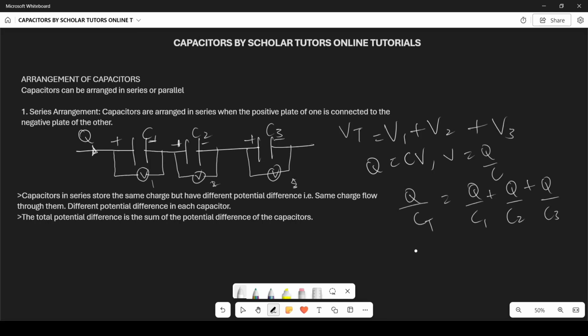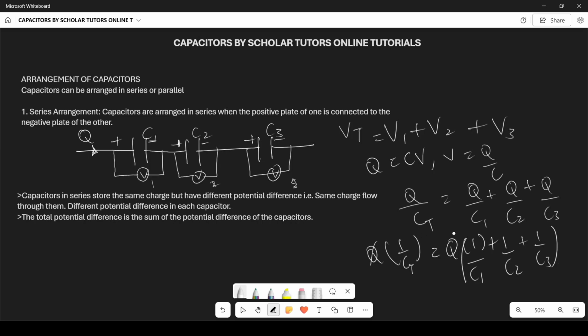If we decide to factorize this, we can say Q open brackets 1 over C total is equal to Q open brackets 1 over C1 plus 1 over C2 plus 1 over C3 in big brackets.